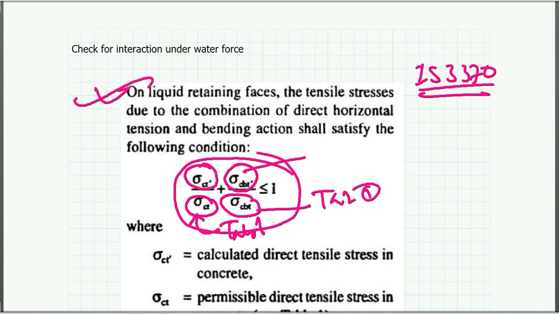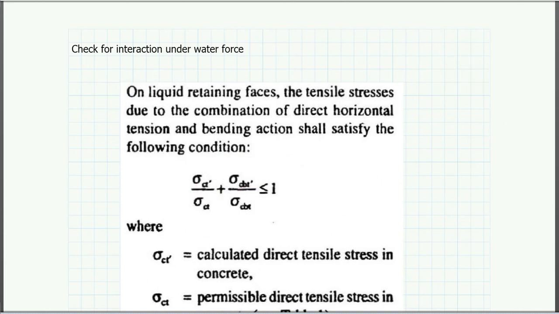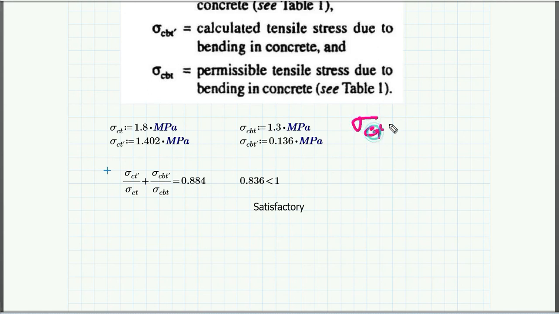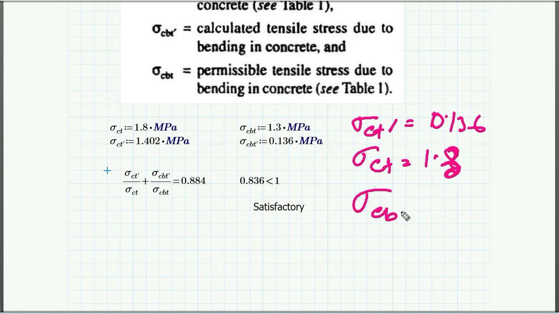So let's see the values. Sigma ct dash is equal to 0.136 and sigma ct is equal to 1.3. Because of bending we have sigma cbt dash as 1.427 and sigma cbt is equal to 1.8.